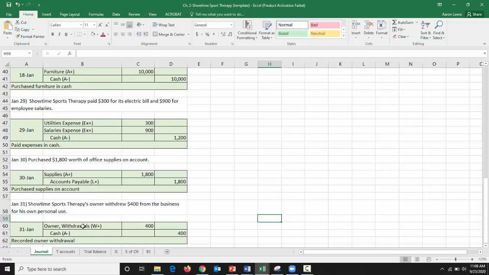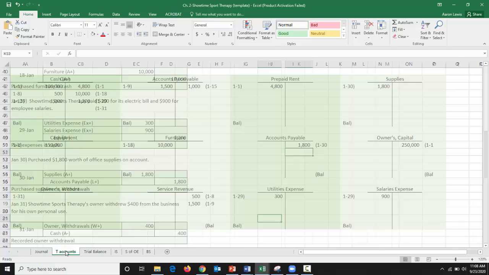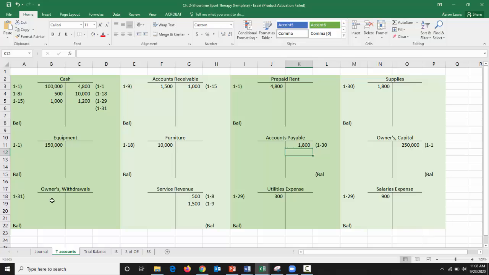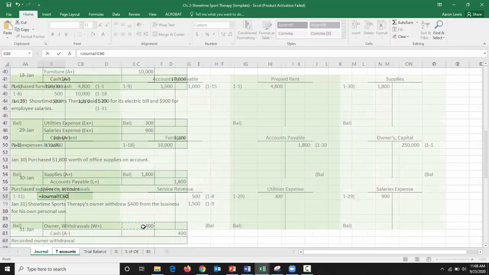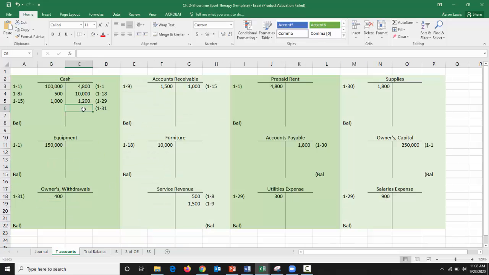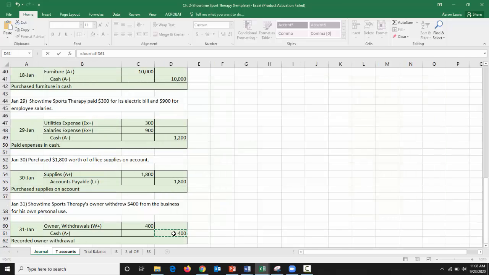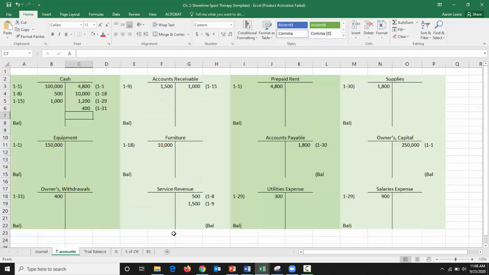We had a credit to cash for $400. Let's take the debit to withdrawals for $400, bring that over to our owner's withdrawals T account. Now it's $400, and we're going to credit cash for that same amount. That's going to be $400. And with that, we have every journal entry in our T accounts.